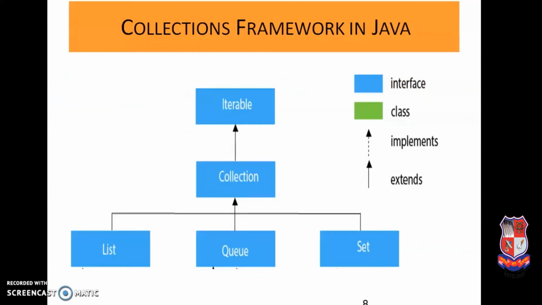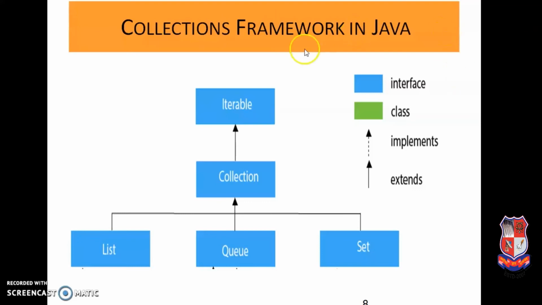Next, now we can observe collection framework hierarchy in the diagram. In this diagram, interfaces are shown in blue, while the concrete classes, which are not shown in this slide, are shown in green color boxes.